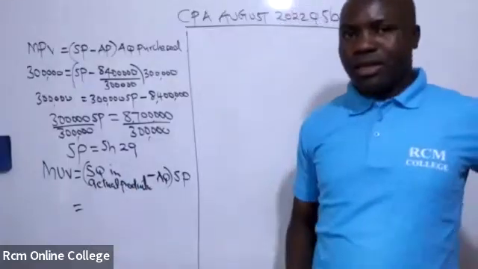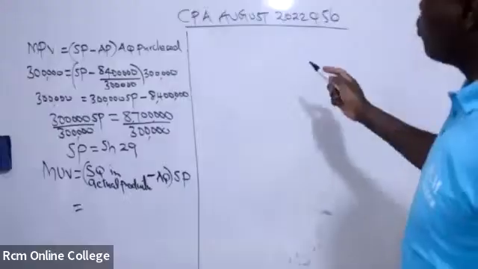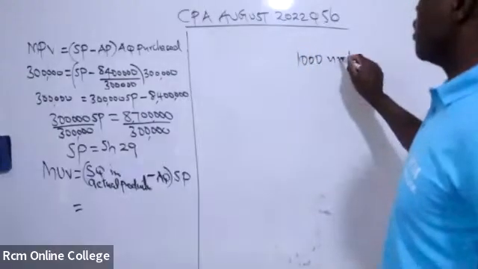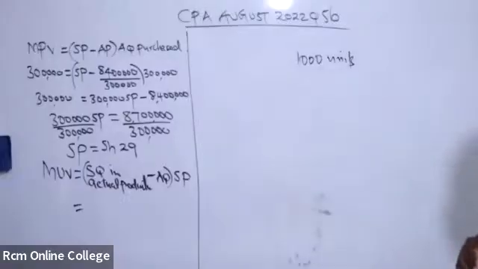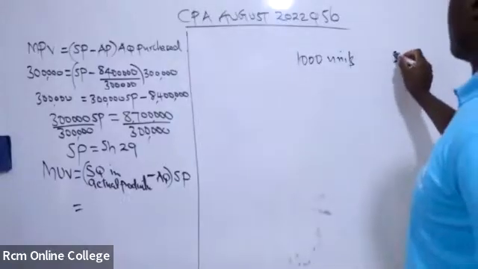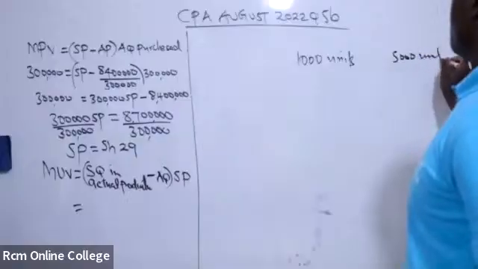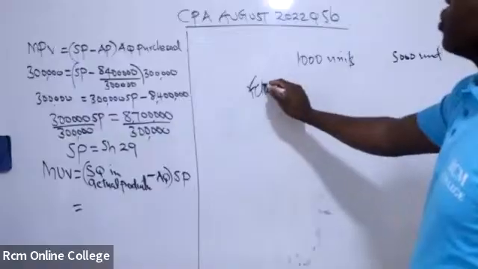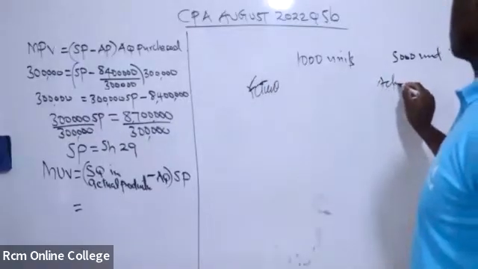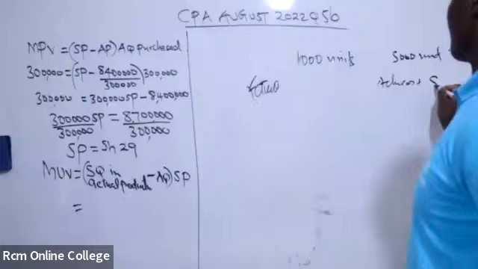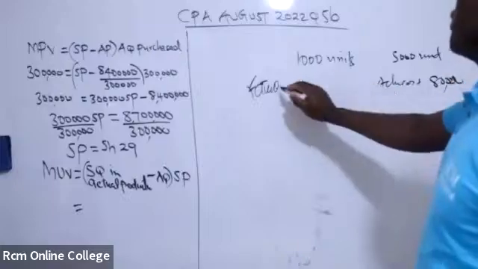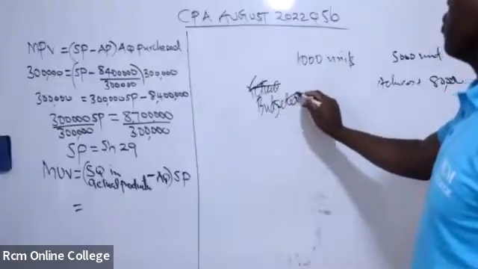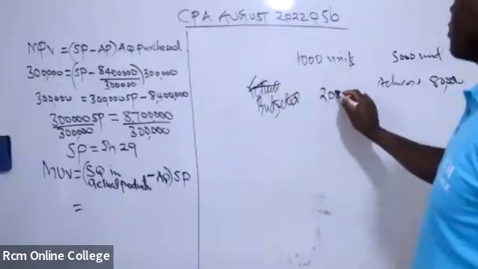The issue here is you budgeted to produce 1,000 units. Then it happens that the actual units you have produced is 5,000 units. You cannot compare actual cost of 80,000 with budgeted cost of 20,000.